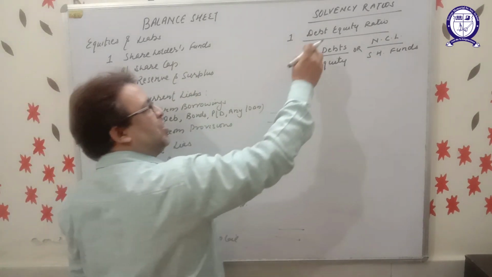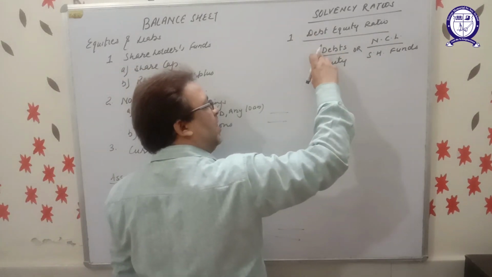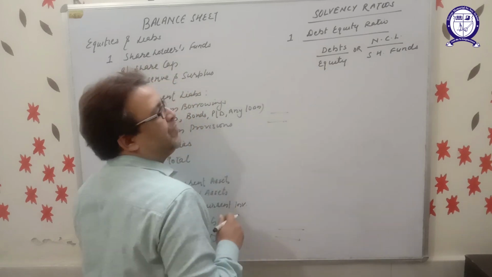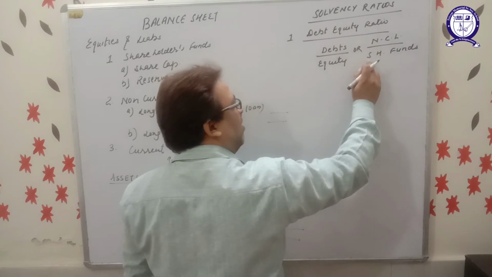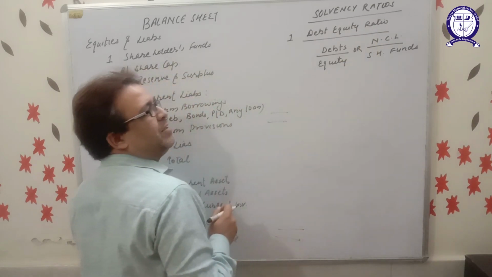So this ratio is the relationship between debts and equity. That means amount taken from outsiders and amount invested by owners.